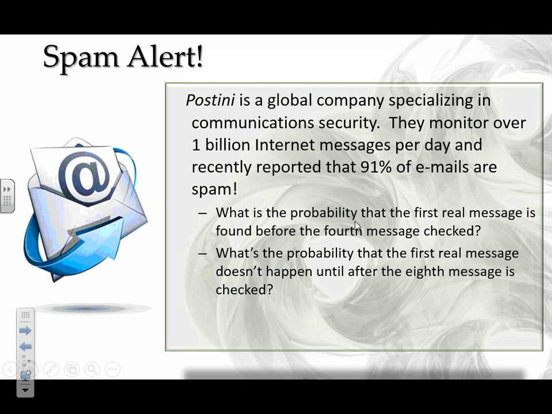So in this case, I can actually just go ahead and take 0.91 to the 8th. I have to hit 8 fails. After those 8 fails, I don't care what happens. I can find the real message any other time after that. I just need to make sure I hit 8 fails. Does that make sense? Okay.